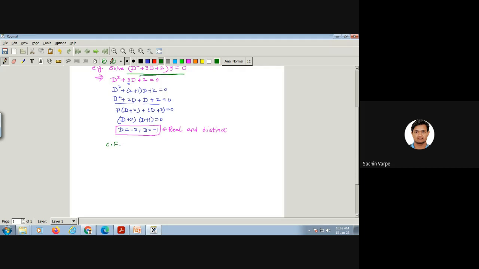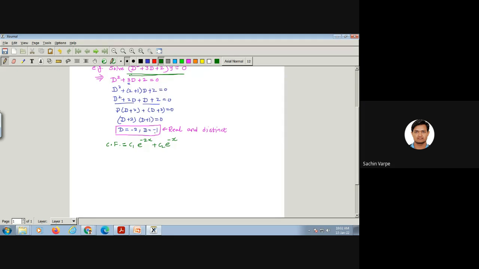Okay, so we can call it y also. So as we are writing, the complementary function is what? C1 e to the power m1, so minus 2x, plus c2 e to the power m2x, that is minus x.